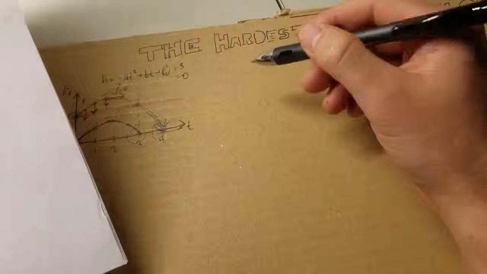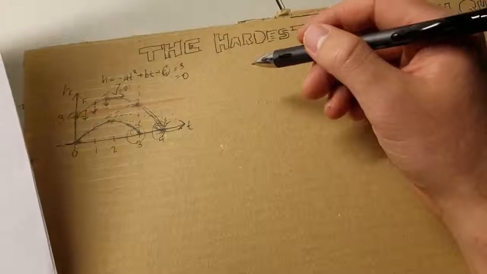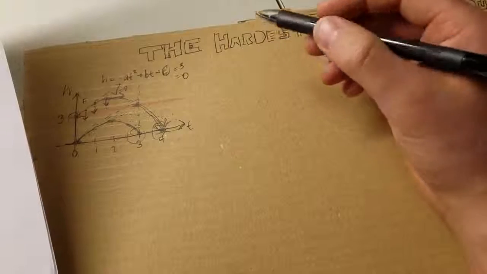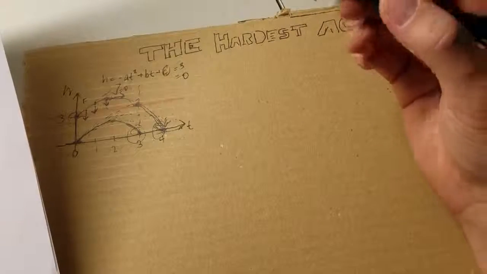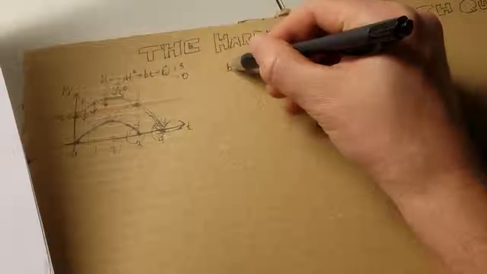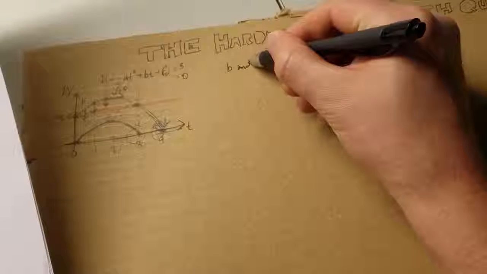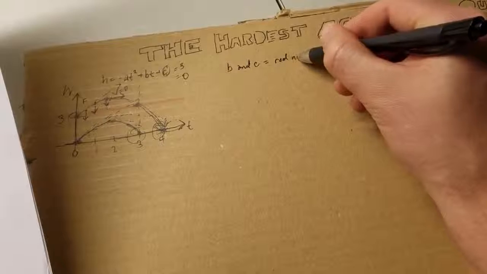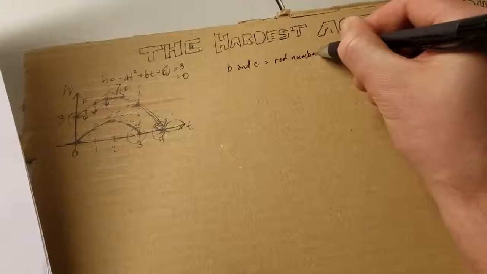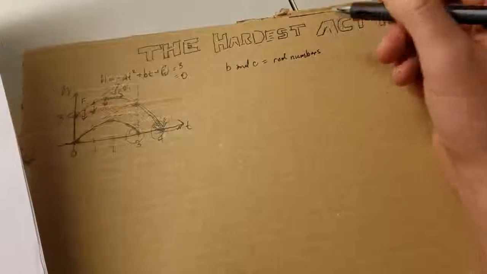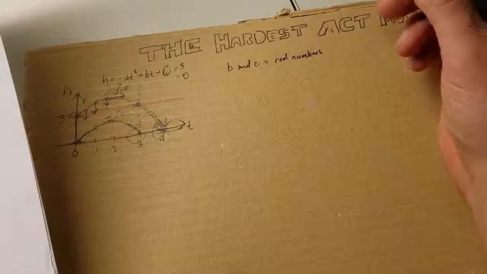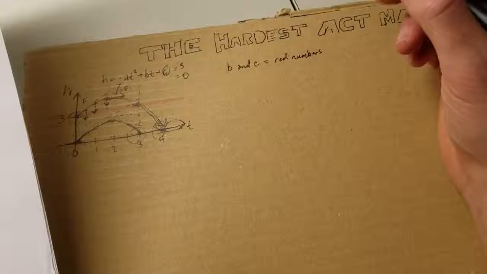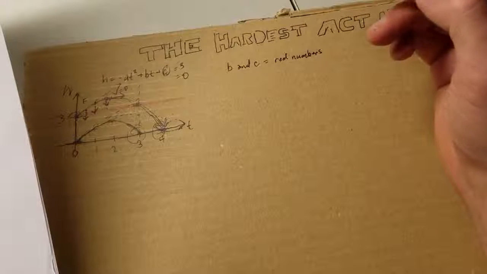Alright, so all we have to do here is break this problem into components. We have real numbers, so b and c equal real numbers, meaning they're not imaginary.